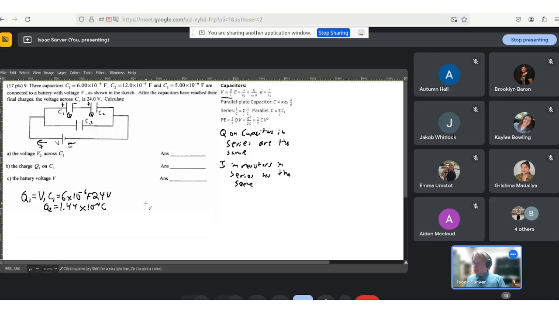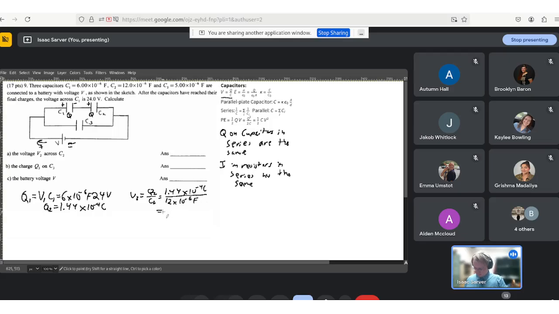V2 is equal to Q2 over C2. So that's 1.44 times 10 to the minus 4 coulombs divided by C2, which is 12 times 10 to the minus 6 farad.